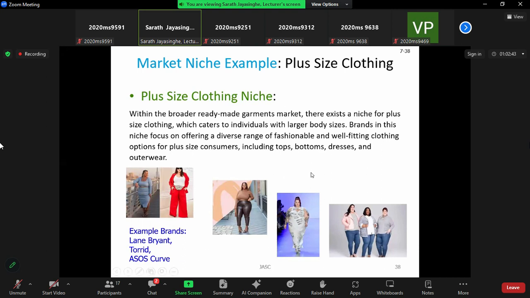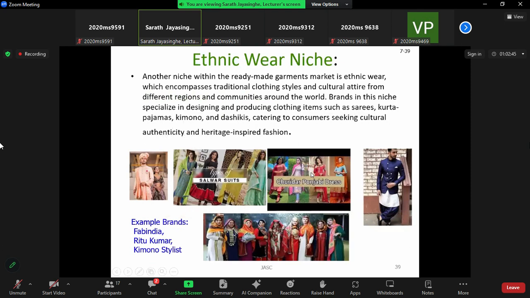Then we can think about, as you suggest, different types of ethnic wear, right? You can see in different countries, salwar suits, Punjabi suits, and so on. For different ethnic groups, you need different suits, right? So another niche within ready garment is ethnic wear, which encompasses traditional clothing styles and cultural attire from different regions and communities around the world.